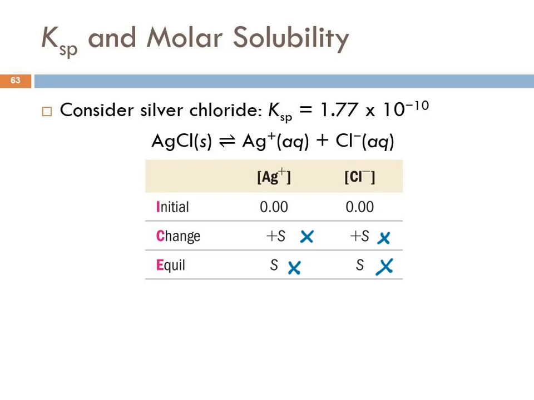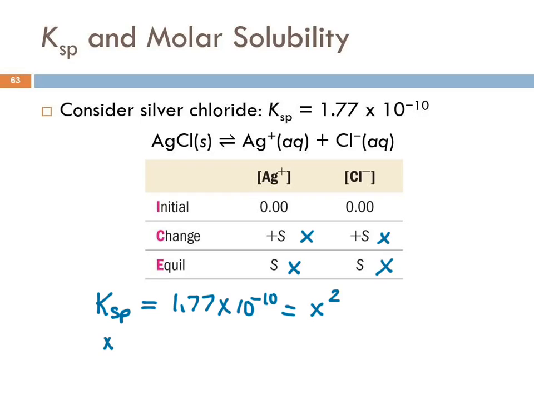So what we come down to then is the KSP is 1.77 times 10 to the minus 10, and that's going to equal X squared, right? So in this example, the solubility is just the square root of the KSP.